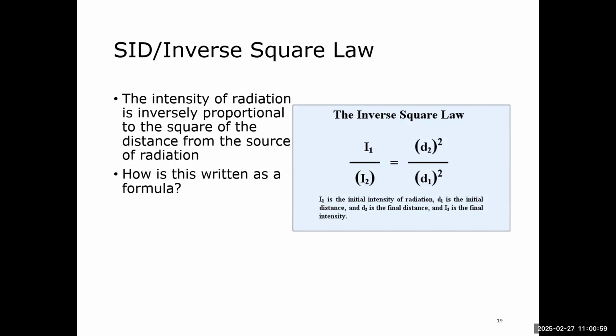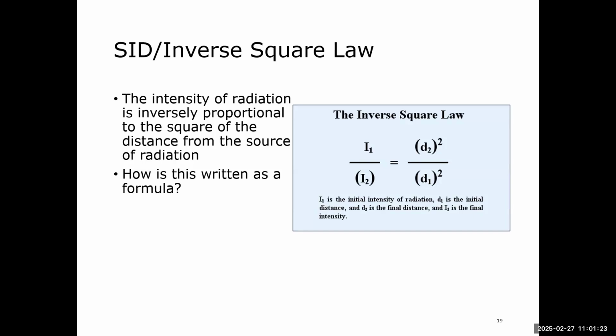Inverse square law is talking about what compared to distance? Intensity, I. So inverse square law is looking at intensity. You have to keep distance and intensity in an inverse relationship, because as distance goes up, what happens to intensity?